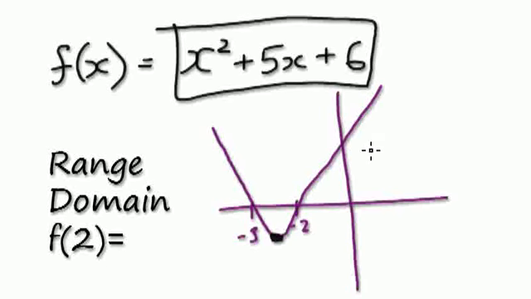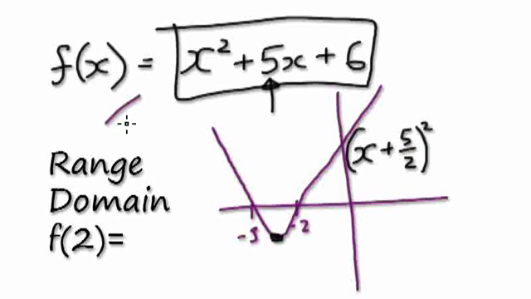It will give you x plus 5 over 2, close it off, square it. You've got to be able to complete the square by heart, so it should be second nature. If you don't understand this, watch the section on quadratic equations.